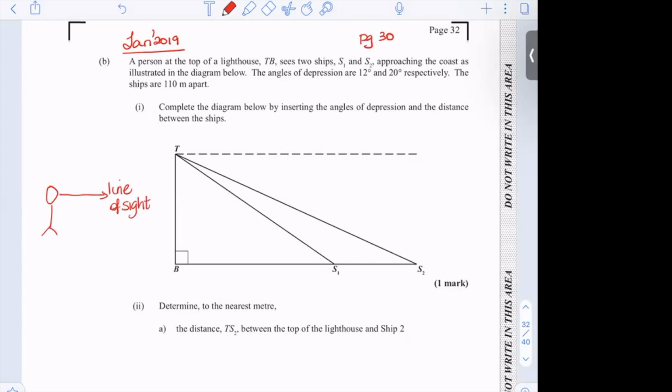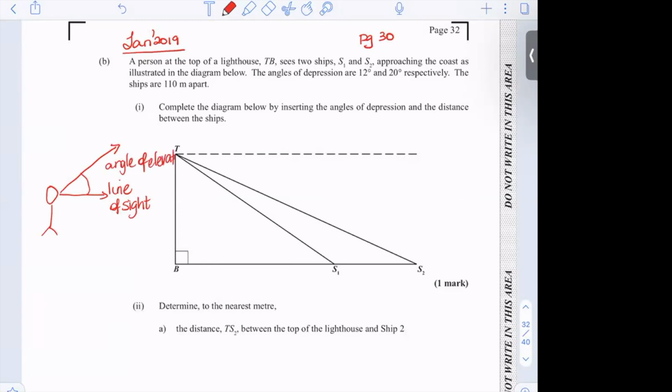If I am going to watch the ceiling, or a spider or something on the ceiling, and I look upward, my line of sight changes. And this angle, because I am looking up, I am happy, I am elevated. This is called the angle of elevation.